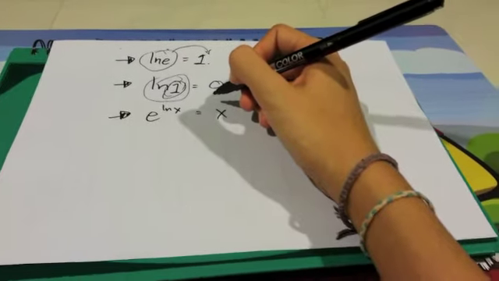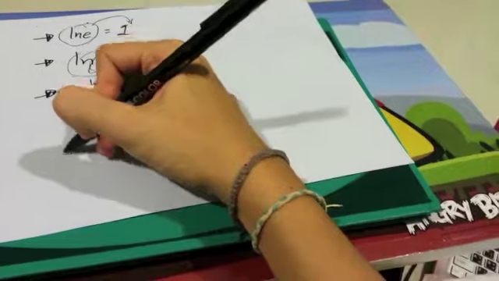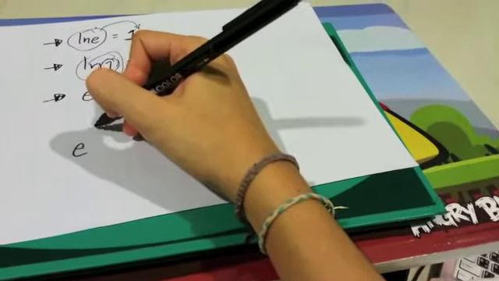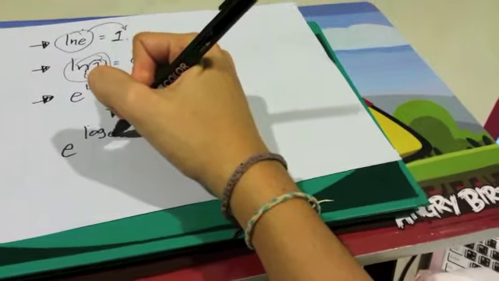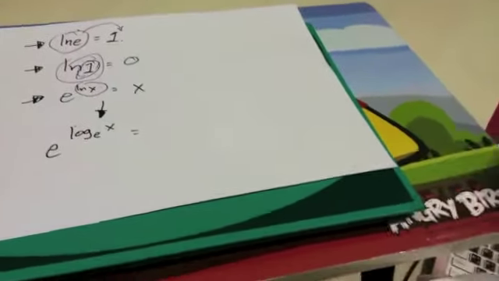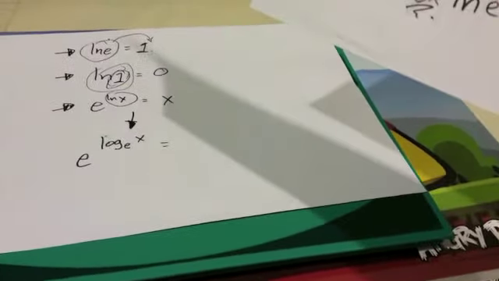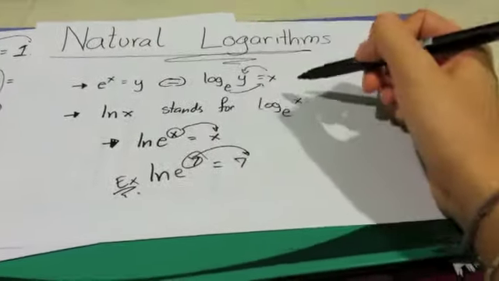This is because, bring it down there, e to the power of log x in base e, because this ln x stands for log e to the power of x.